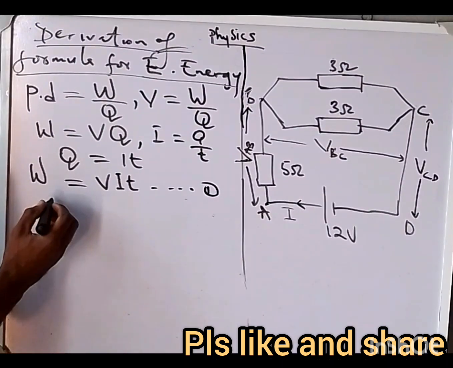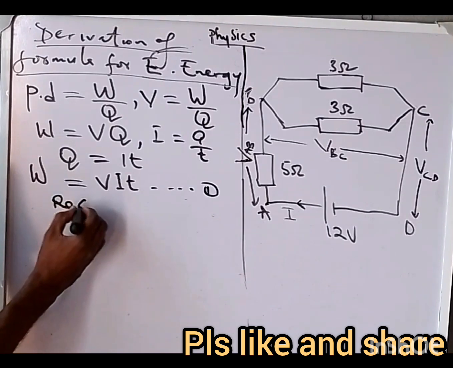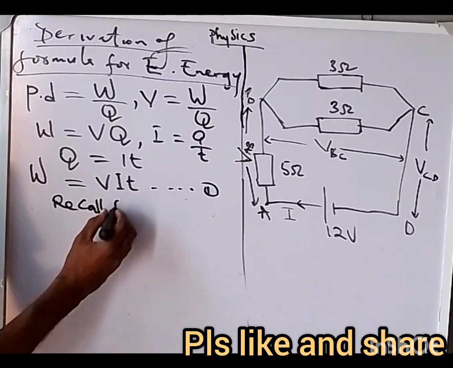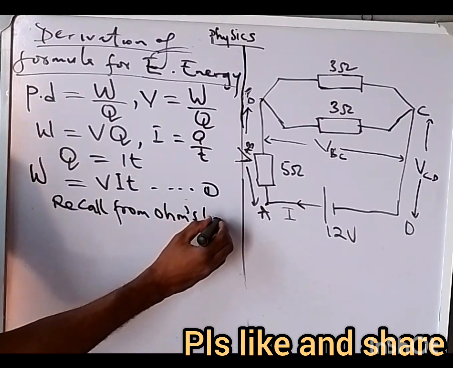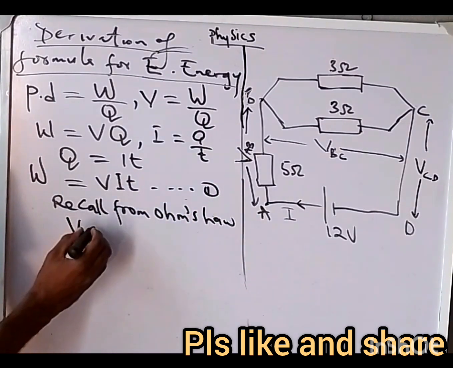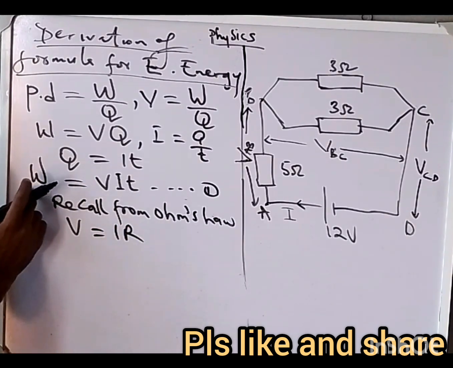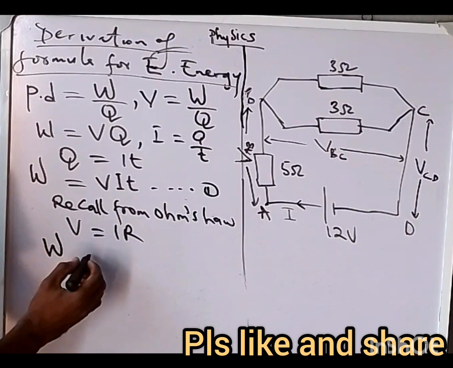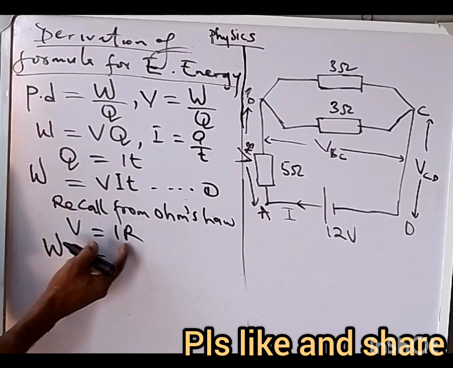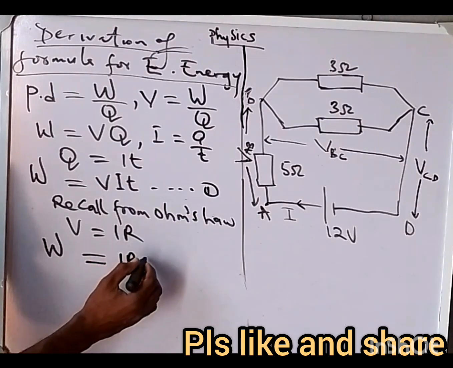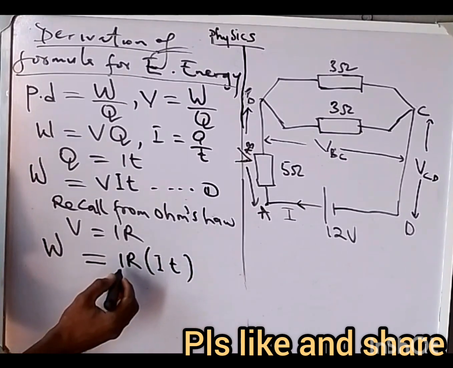So we can recall from Ohm's law. Ohm's law states that V is equal to IR. So this formula, equation 1, can be changed to W, which is work done, is equal to, removing V, replace it with IR, IR bracket IT bracket close.